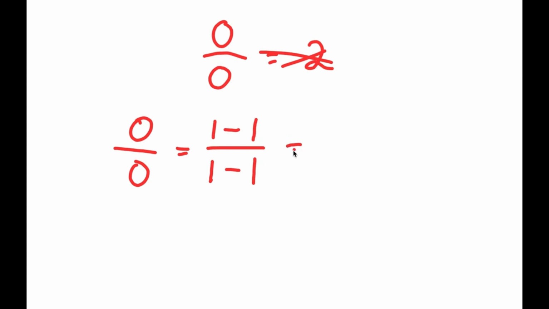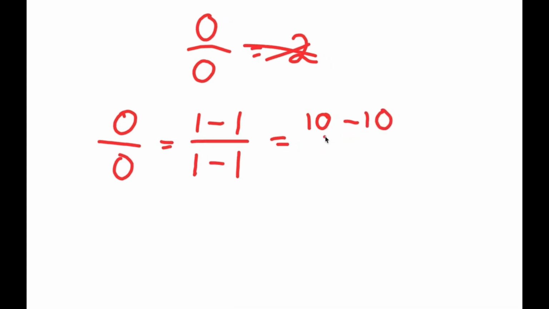Now this, if this is true, then this means that this is also the same thing as 10 minus 10, and I have this over 10 minus 10 as well. So these two are the same thing.